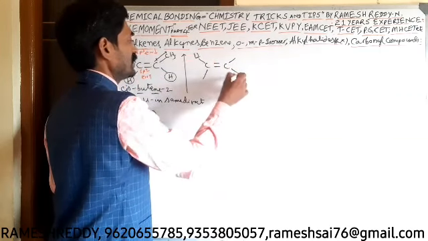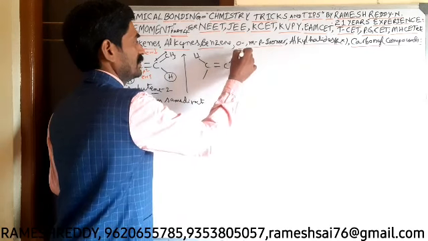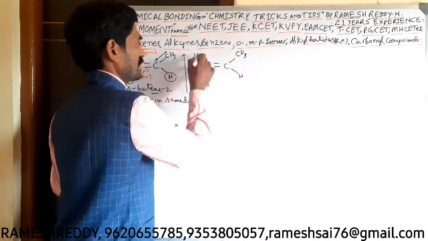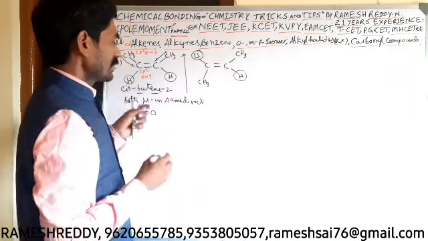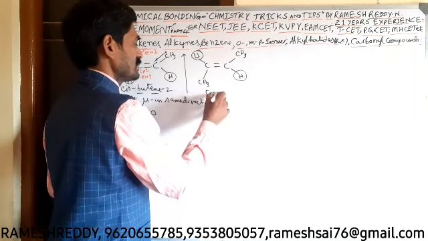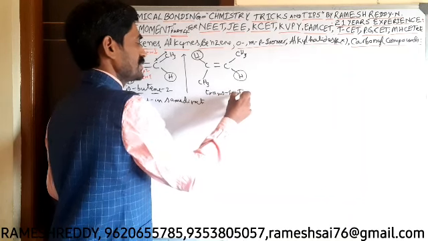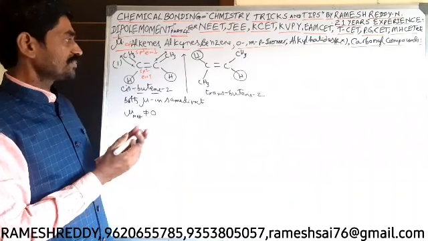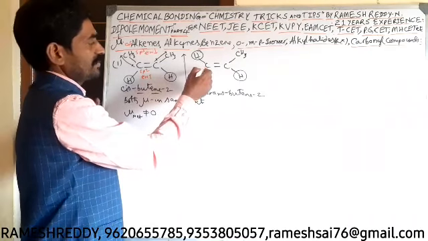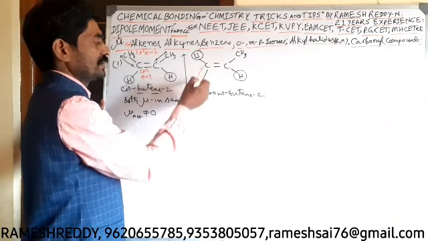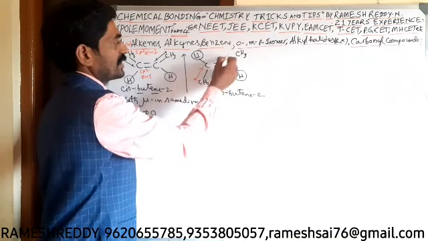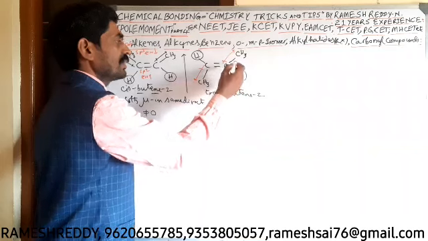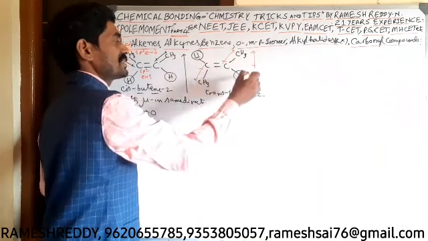Here the hydrogen atoms are on the opposite side, and the methyl groups are also on opposite sides. This is trans-butene-2. In trans-butene-2, the dipole moment goes from the double bonded sp2 carbon toward the alkyl sp3 carbon, and here also. One is in the upward and the other in the downward direction.